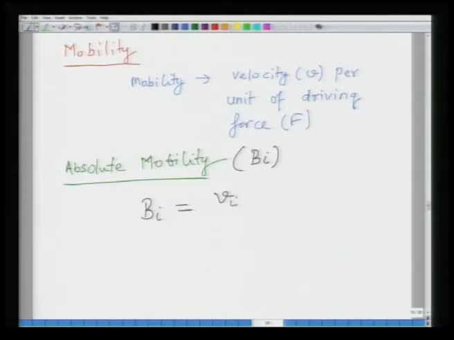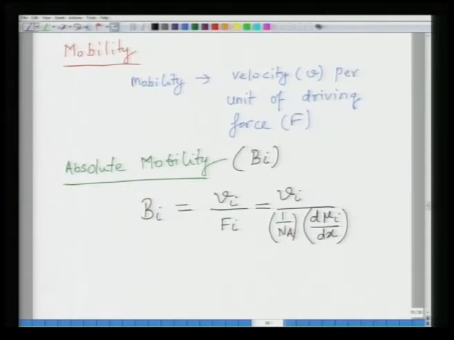Capital Bi, B for boy, is equal to Vi, where V means velocity, divided by some force, which can be determined as Vi divided by 1 by Na, where Na is the Avogadro's number, into d mu i by dx.